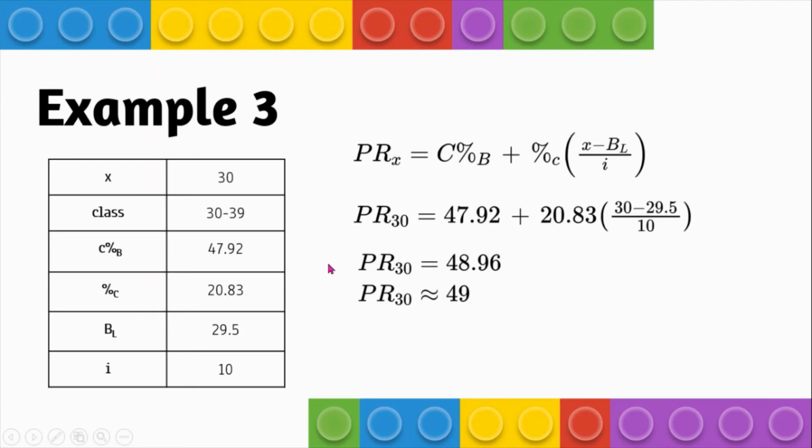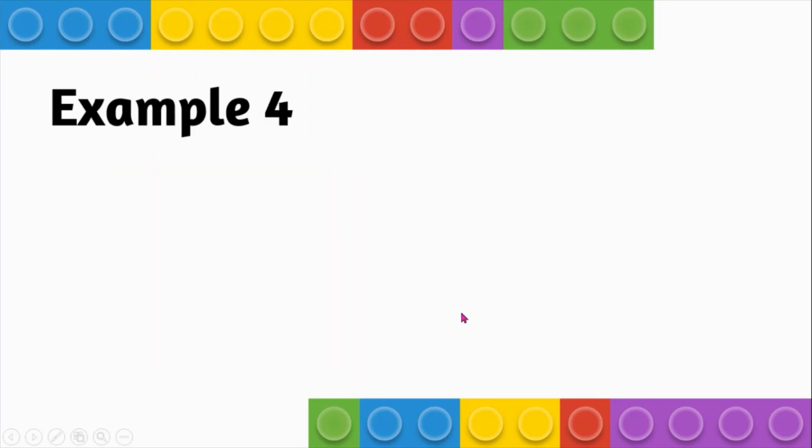So the percentile rank of 30 minutes is equal to 48.96, or approximately 49. So let us have another example.